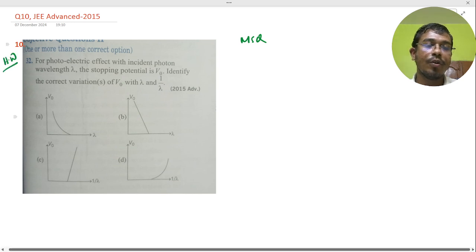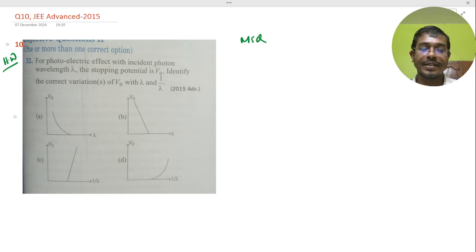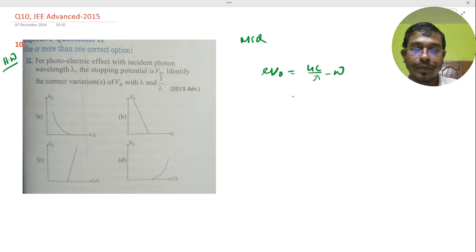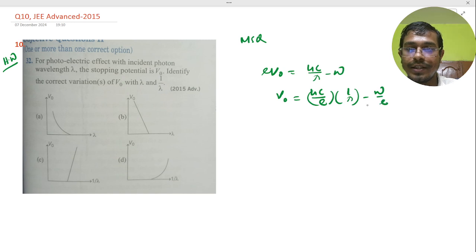We have 10 homework problems, and for your better understanding and better concept, I give you a hint: use the Einstein photoelectric equation. eV naught is equal to hc by lambda minus W, basically V naught is equal to hc by e times 1 by lambda minus W by e. So V naught versus 1 by lambda and V naught versus lambda.